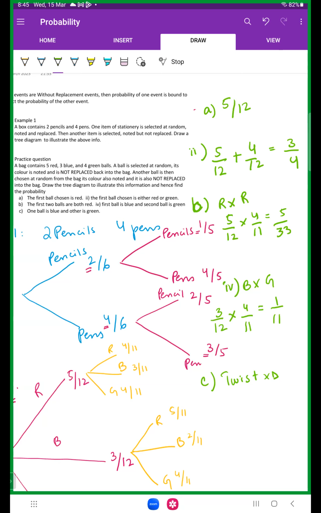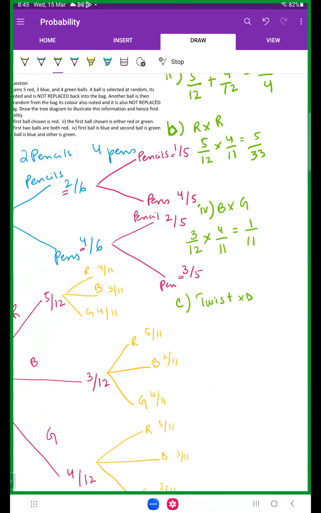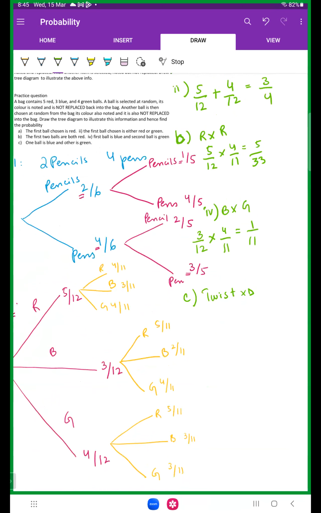Okay. Now, what does part C say? One ball is blue and the other one is green. So, do I say that the first one is blue or the first one is green? You know that one ball is green and one ball is blue, but you're not sure whether the first one is blue or the first one is green. Yes or no? So there are two possibilities.